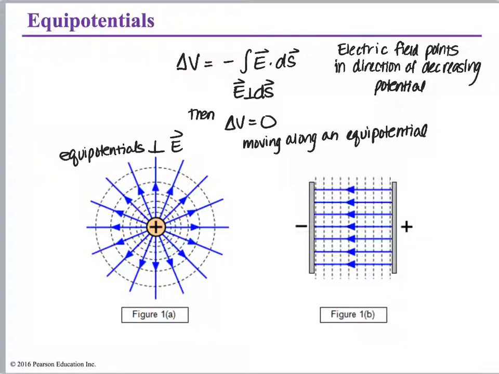Putting these two facts together, we could say, for instance, this potential here, this dotted line, might represent a potential of 3 volts, while this one might represent a potential of 4 volts. This would show you that as we move outward in the direction of the electric field, the potential is decreasing. And also these surfaces you can see are perpendicular to the electric field lines.